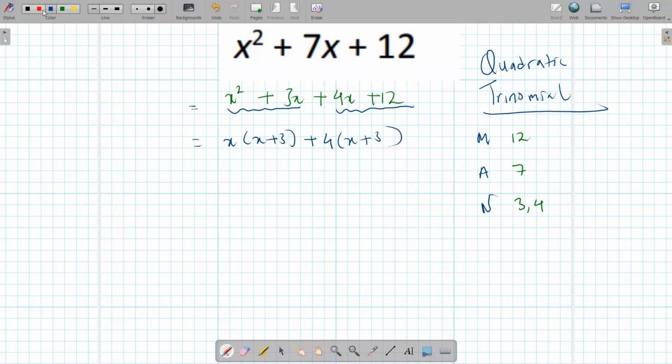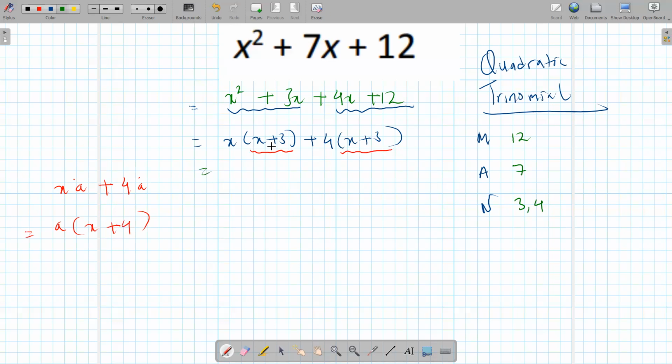Now we're going to pull out this bracket. If you have x times a plus 4 times a, if you pull out an a, what are you left with? They both have an a, so we can pull that out. You're left with x plus 4.